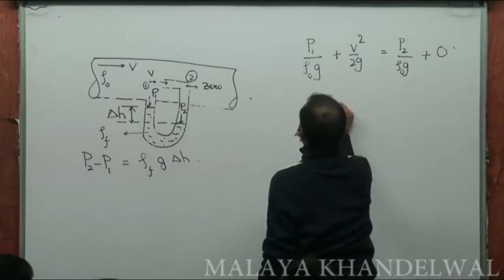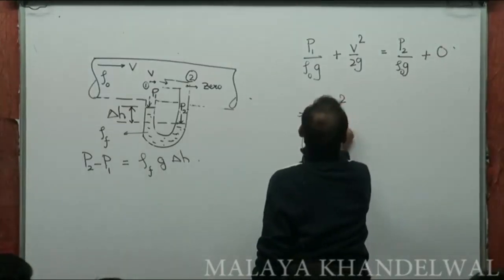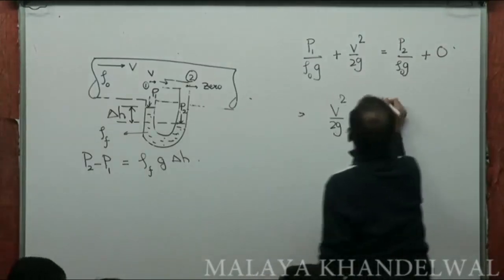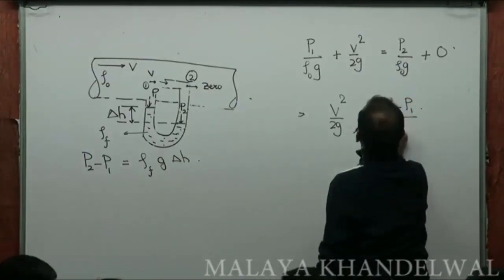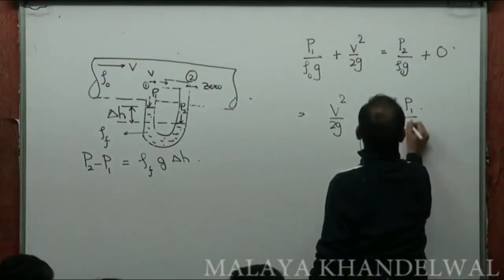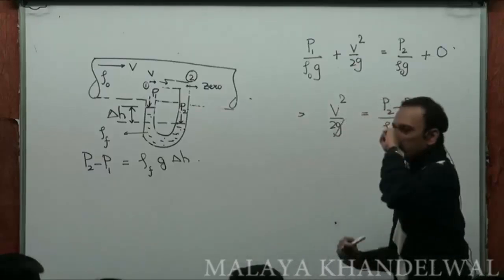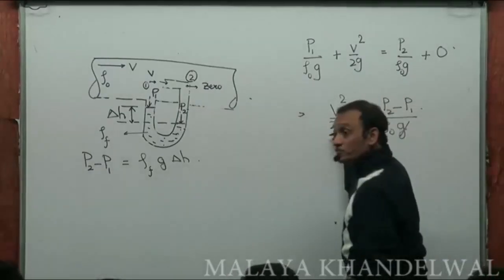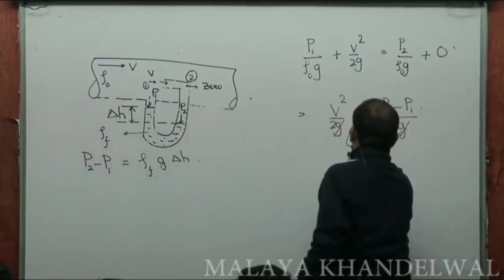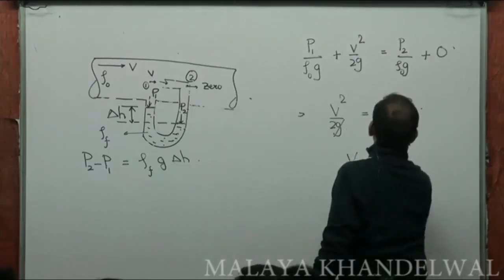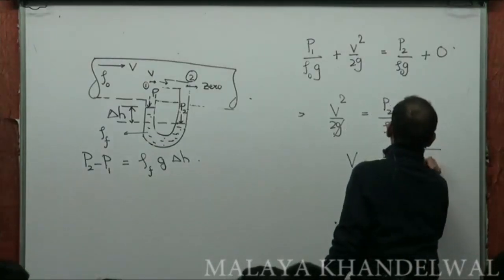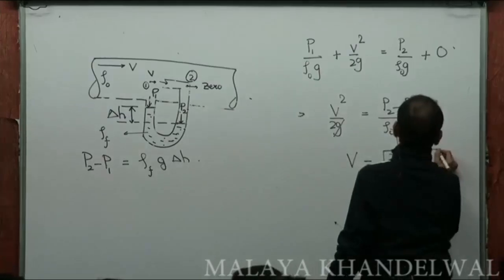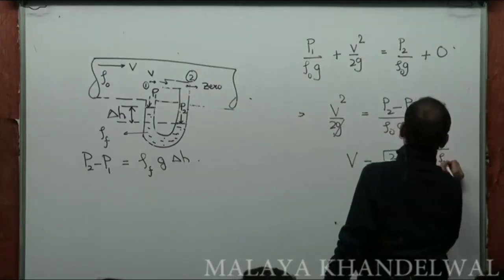Evidently then, v squared by 2g is P2 minus P1 divided by rho naught g, right? V is what we seek to compute. V that we are seeking to compute then is going to be the square root of 2 times P2 minus P1 divided by rho naught. Yes or no?